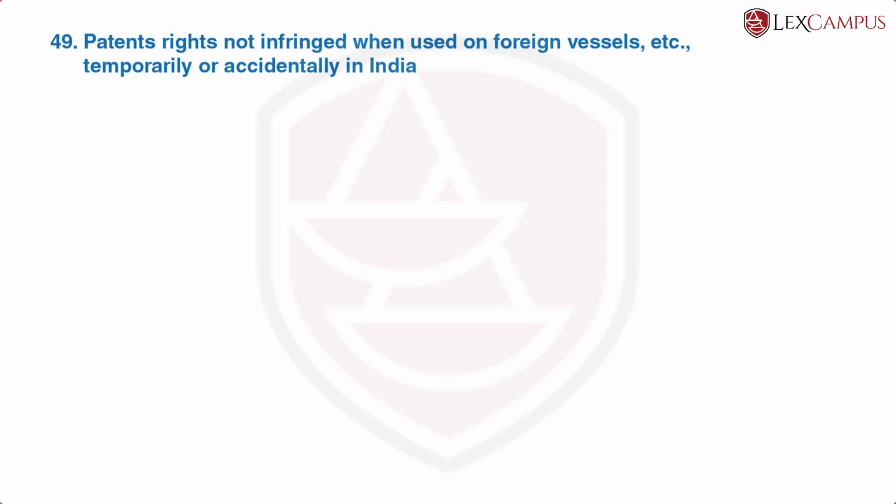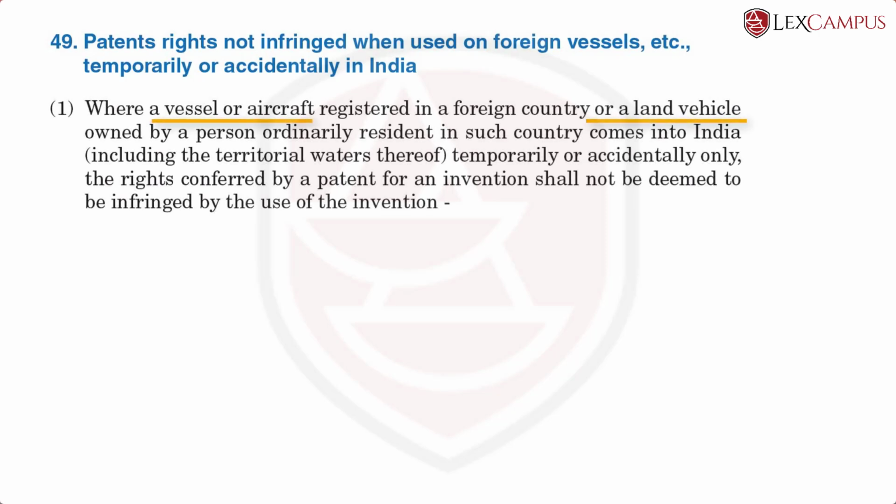Now, this is the gist of the subsection. It covers various types of vehicles, like 49(1) deals with vessels, aircraft, land vehicle. The fundamental premise of this provision is that what happens temporarily or accidentally cannot be the subject matter for an infringement. And this is done knowing fully well that there will be new technologies used in aircrafts and vessels and land vehicles that could come into India, and they could be a cause for infringement.